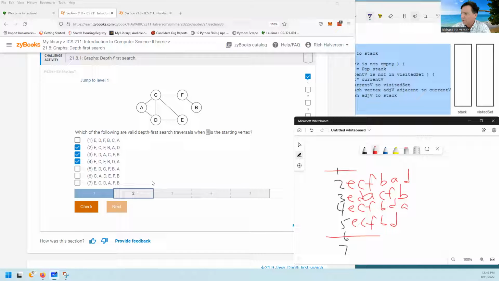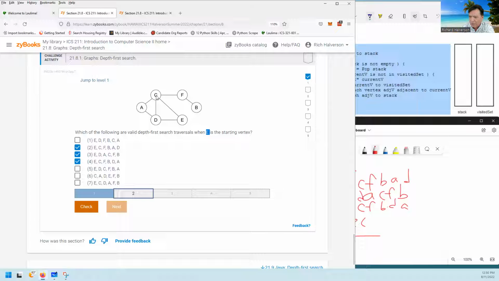Five is E, D, C, F, B, A. Yes, okay, so when E is processed, E, D, C. We're going down a path, down a path, down a path.